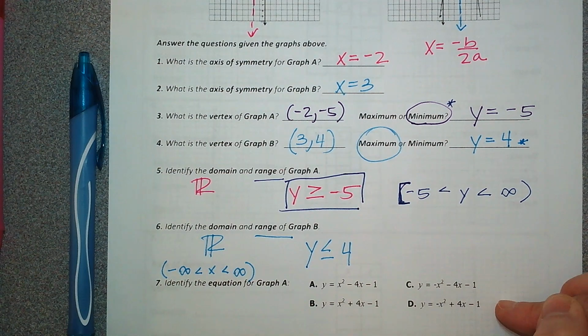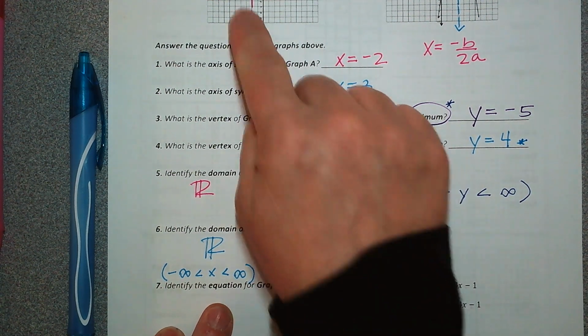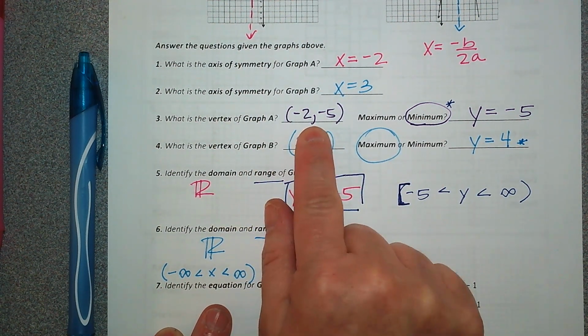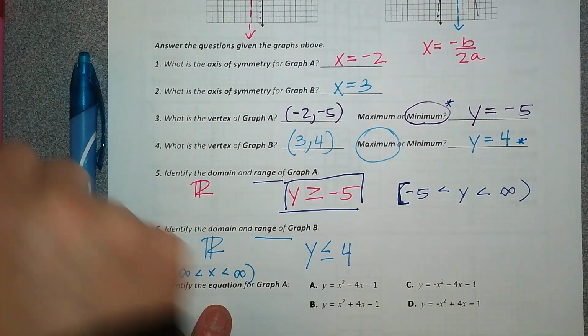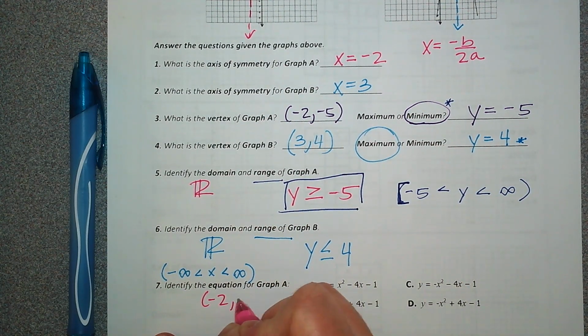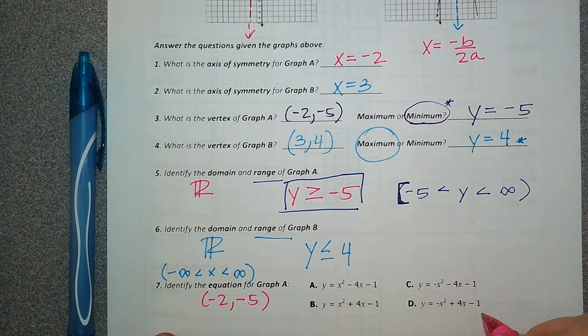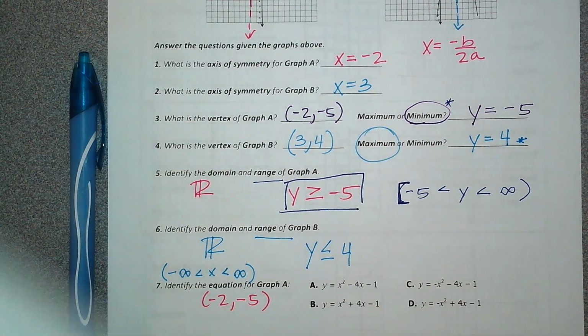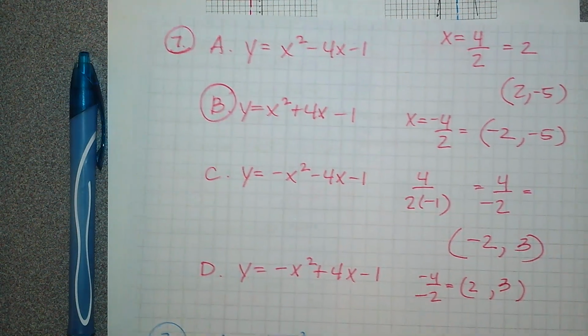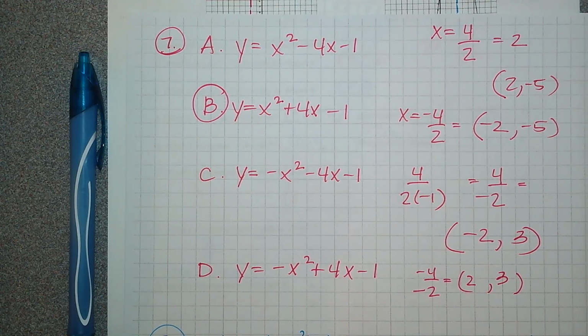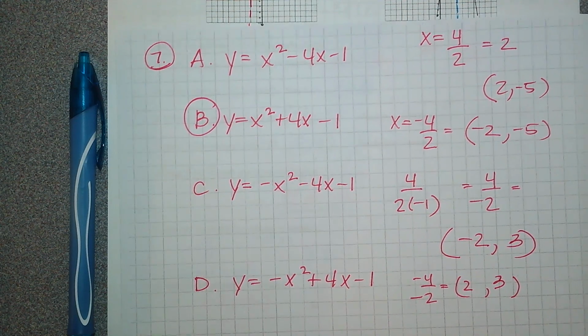What's the vertex of graph A? -2, -5. So which one of these equations has a vertex at -2, -5? I found the vertex for each equation. Do you need to see me do that? Well, I did all 4 of them, A, B, C, and D, but I'll show you how. It's D for X. Yes.